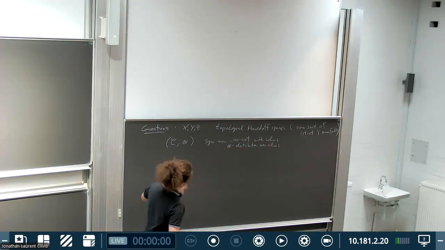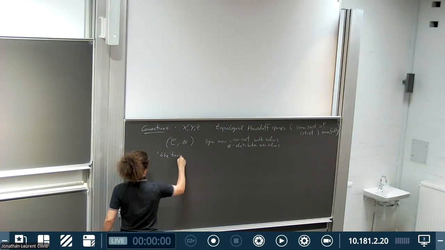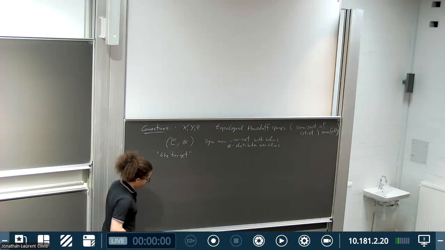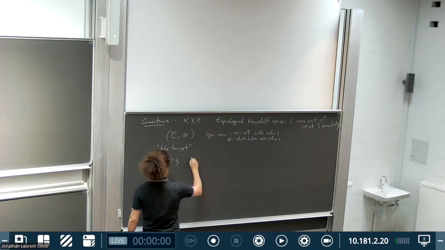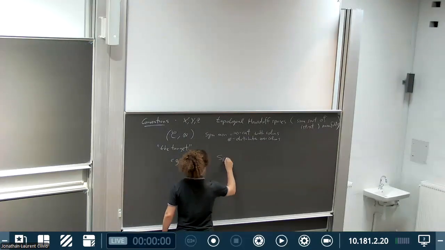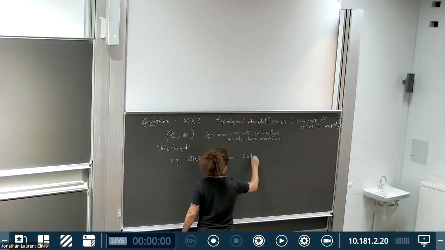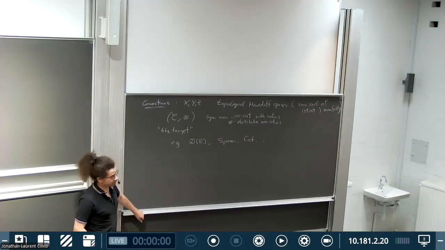And this will be fixed throughout the talk. This will just be the target. Of course, there are many different targets that are interesting in the literature. For example, some derived categories of some rings, or sometimes even spaces, sometimes categories, and so on and so on. But for this talk, this will be just some abstract target.